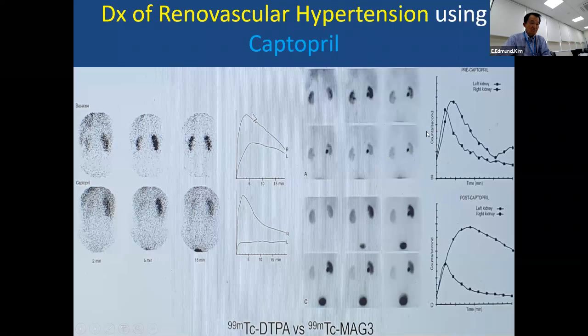First before the use of captopril, and then after. If there's a decrease of GFR on that side, that's the abnormal side, because captopril reduces GFR in a patient with renal vascular hypertension.